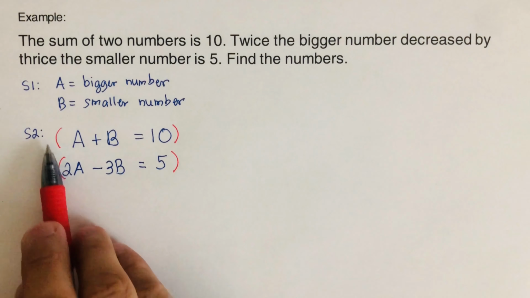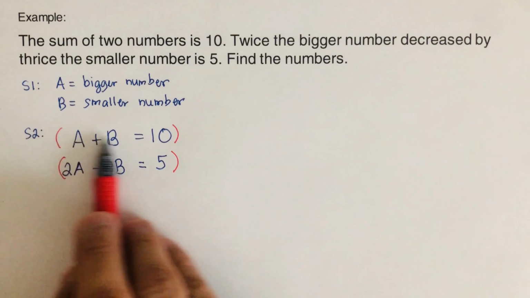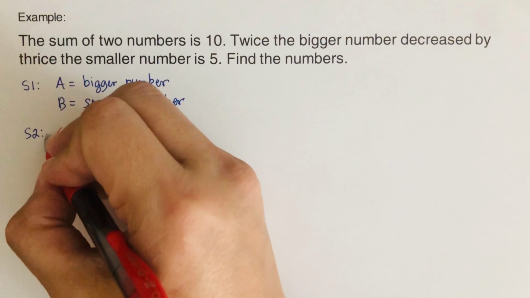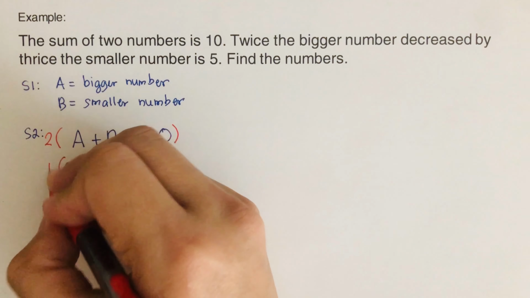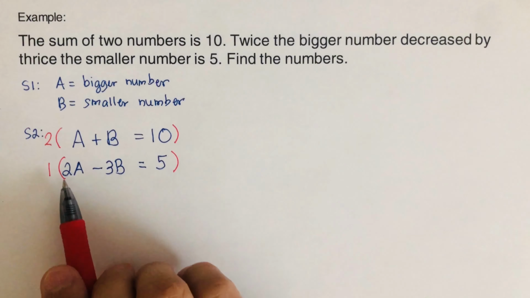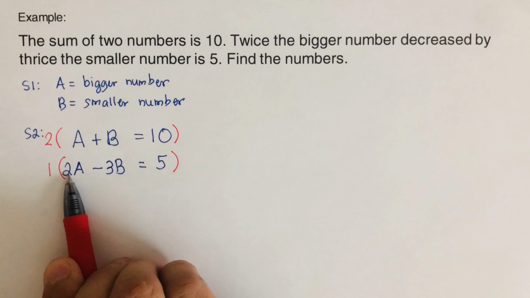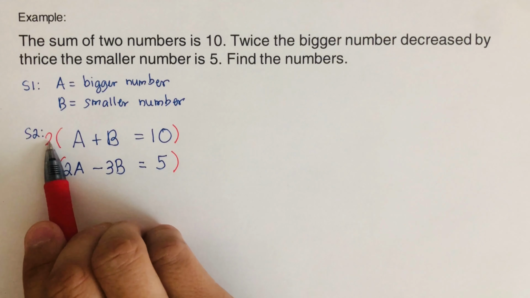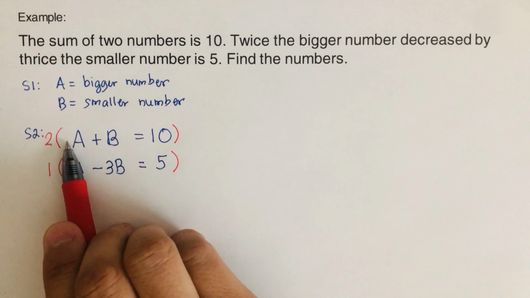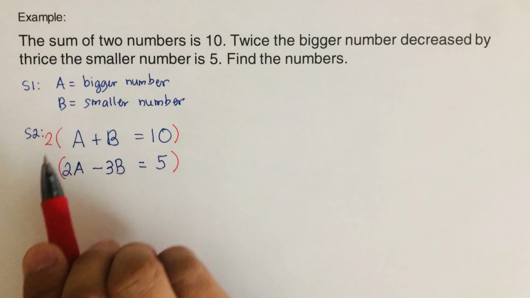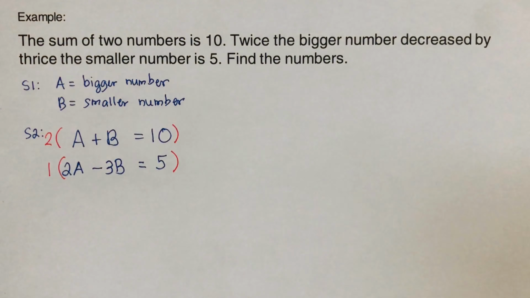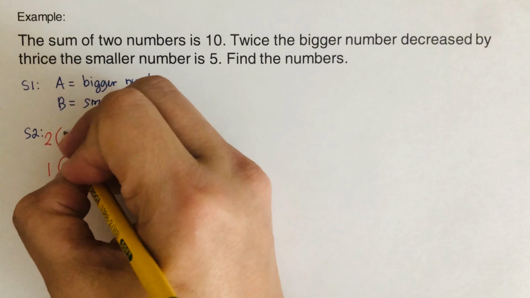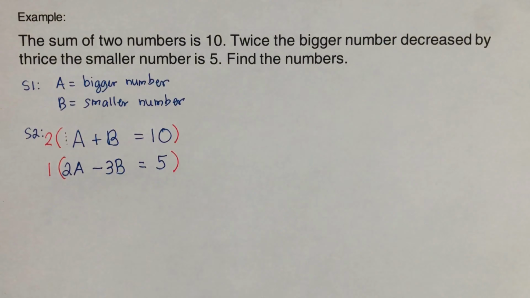So the first equation will be multiplied by 2, and the second equation will be multiplied by 1. Whatever is the first coefficient of the second equation, you multiply it to the first. Whatever is the first coefficient of the first equation, you multiply it to the second. So pretty much you switch these two. Again, by the way, there is an invisible 1 here, because others are going to ask where you got the 1 from.